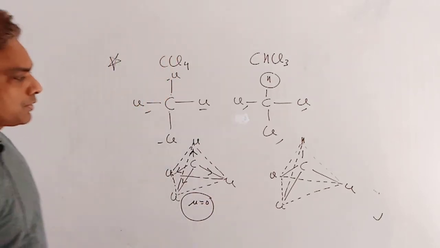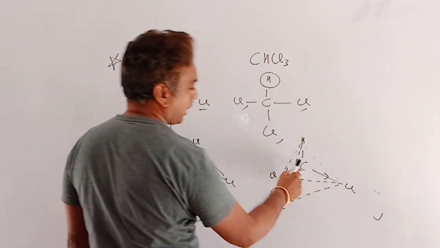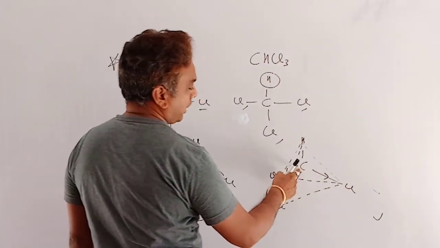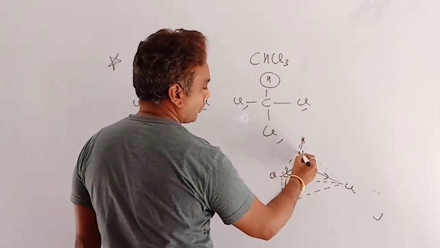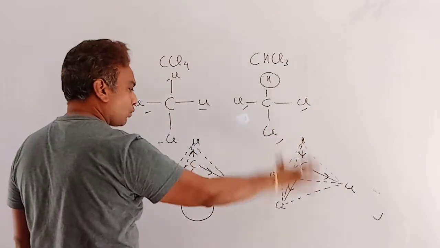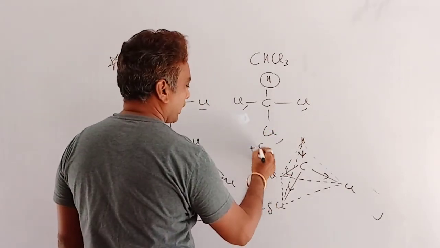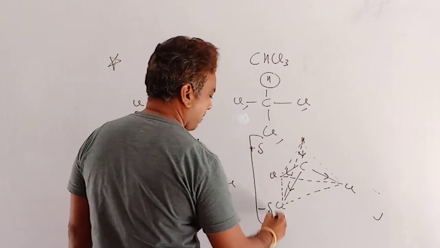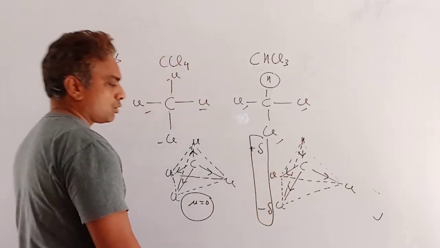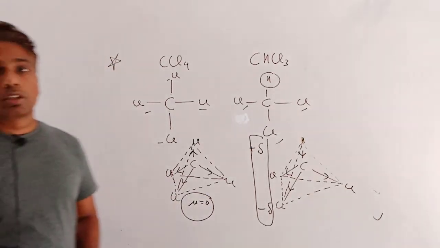But in case of CHCl3, due to the attraction of shared electrons towards chlorine, and since the electronegativity of C is greater than H, the shared electrons shift towards carbon, so all shared electrons shift downwardly. So the bottom gets partially negative and the top gets partially positive charge. So the molecule shows dipole moment due to polarity.